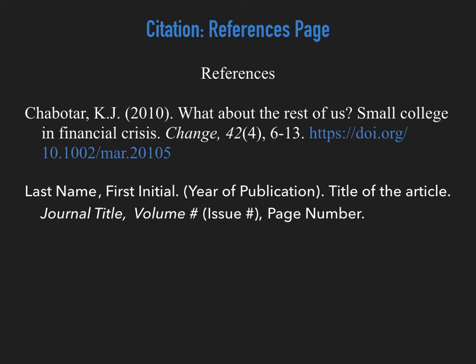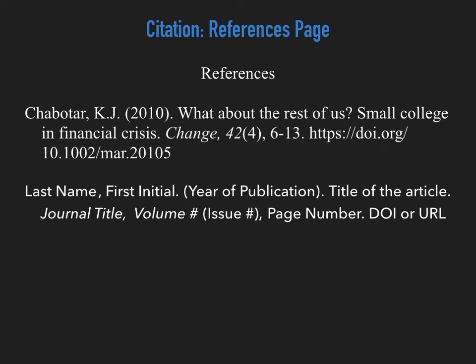This allows our reader easy access to the exact article that we used. If your article does not have a DOI number, we should include the URL from which the journal article comes. By providing this set of information in this order, we make it easy for a reader to find and validate the information that we are providing within the report.